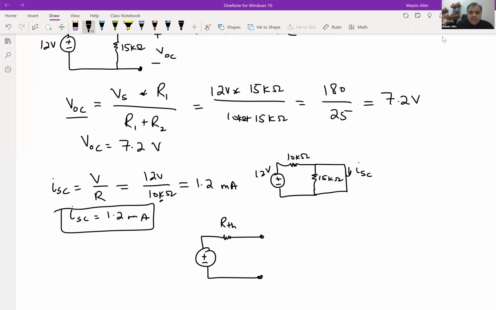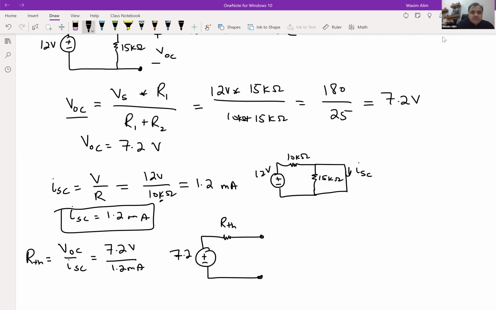So we found the open circuit voltage to be 7.2 volts. But now I need to find the R Thevenin. So remember, R Thevenin is equal to V open circuit over I short circuit. So the value for that is 7.2 volts over 1.2 milliampere.